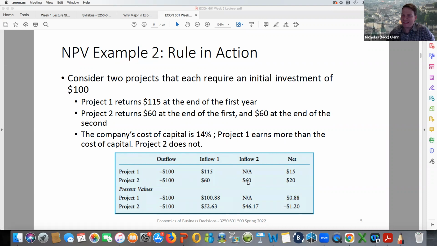And if you don't discount this using the present value, it's going to show you a net of 20 bucks, right? 120 minus 100 will give you 20. So here, not only is this positive, it's actually showing project 2 will be the one to do, because without doing the present value, it's showing that you're going to have a higher net.